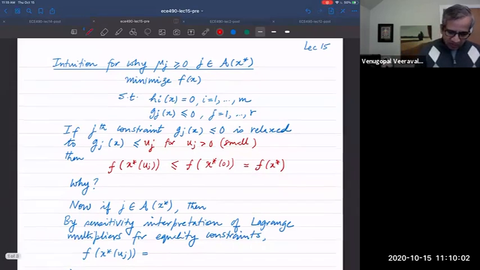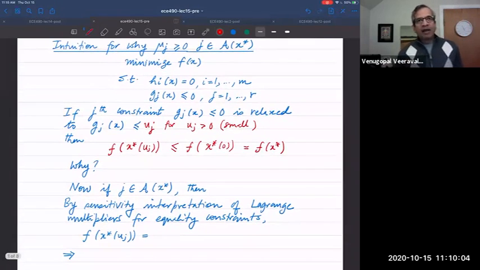So this is true, but this won't be true for equality constraints, because if you perturb an equality constraint, you're now making the constraint over a different set that doesn't include the original equality constraint. So you're not really enlarging the constraint set by doing that.